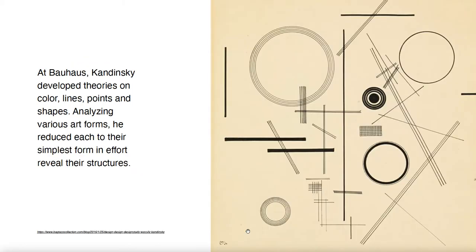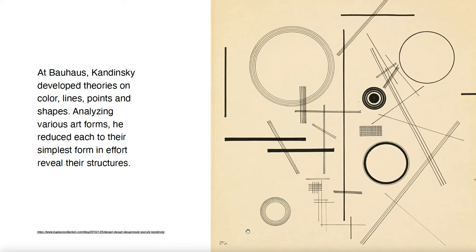At the Bauhaus, Kandinsky developed theories on color, lines, points, and shapes. Analyzing various art forms, he reduced each to their simplest form in an effort to reveal their structures. He was fixated on simplifying things, not just shapes, but forms, movements, and even sound.